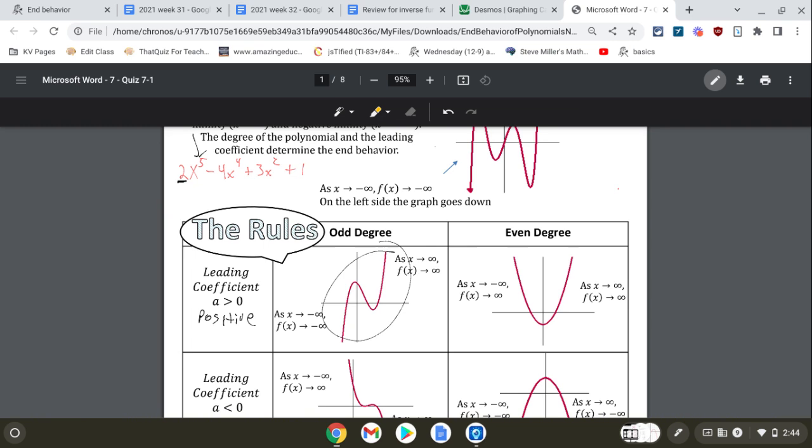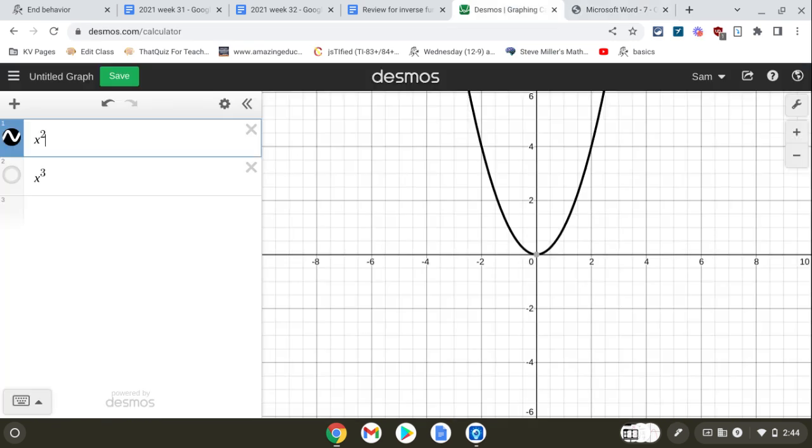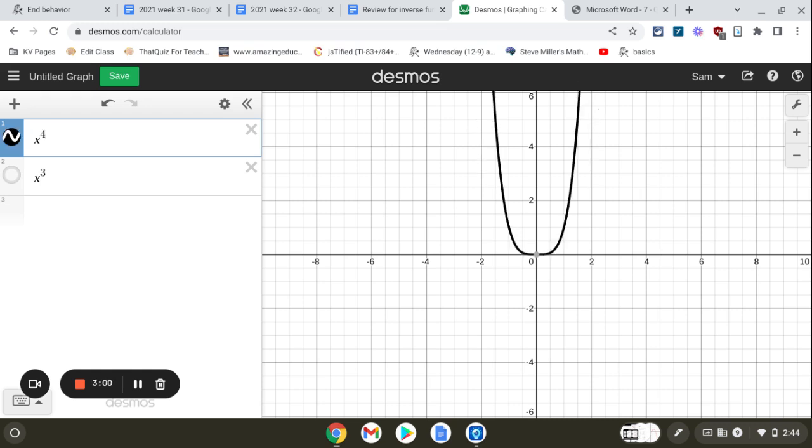Okay. So I'm just going to throw up something on Desmos just to drive home this point. Anything that's to the second power is going to be an up and up. If it was to the fourth power, also up and up, right? As long as these exponents are even numbers, the general graph is going to be the same. But if that leading coefficient is negative, this negative number out there, that of course just flips it upside down, right?